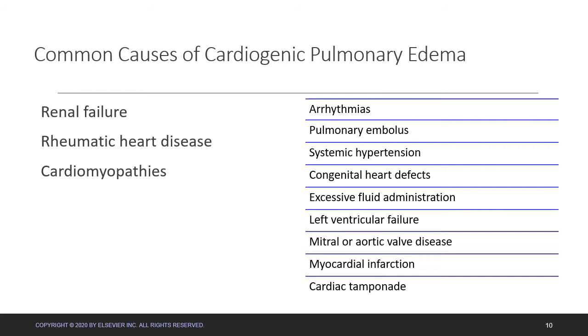Arrhythmias, pulmonary embolus, systemic hypertension, congenital heart defects, excessive fluid administration, left ventricular failure, mitral or aortic valve disease, myocardial infarction, cardiac tamponade, renal failure, rheumatic heart disease, and cardiomyopathies. Many times cardiomyopathies may be viral in nature.